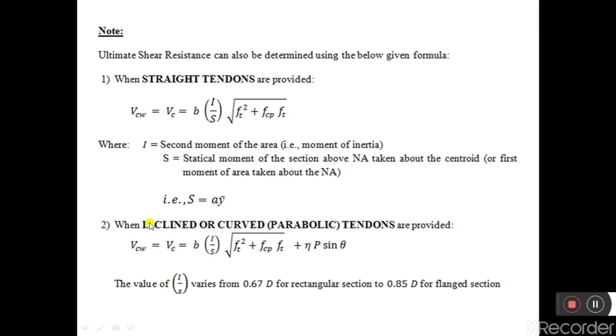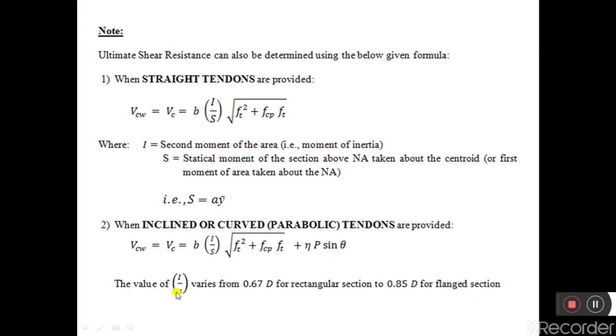And when the cables are inclined or parabolic or curved cables, then VCW is equal to VC is equal to B into I by S square root of Ft square plus Fcp into Ft plus eta P sin theta.